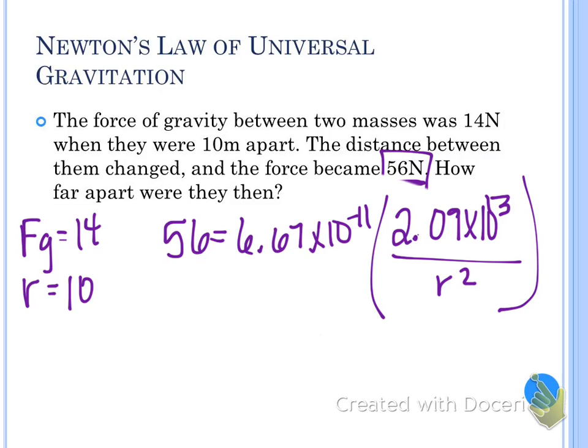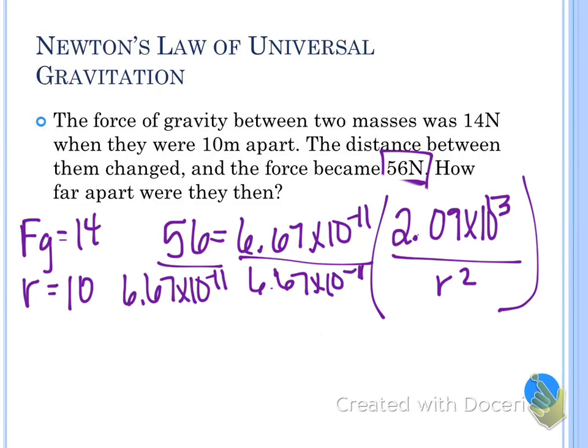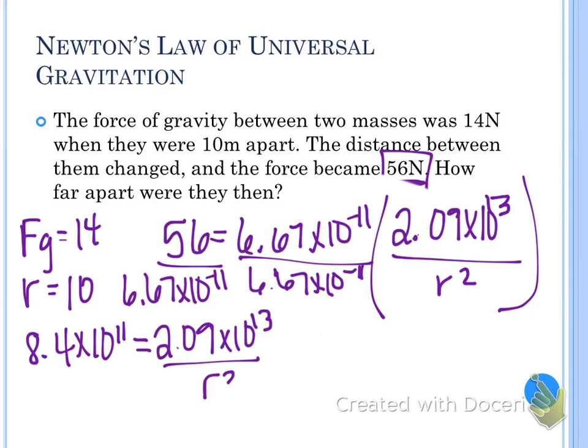Okay, so again, mathematically, I'm going to move 6.67 times 10 to the negative 11th over first, and get 8.4 times 10 to the 11th equals 2.09 times 10 to the 13th over r squared.